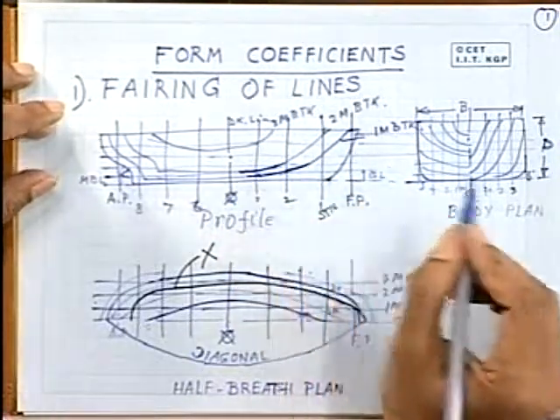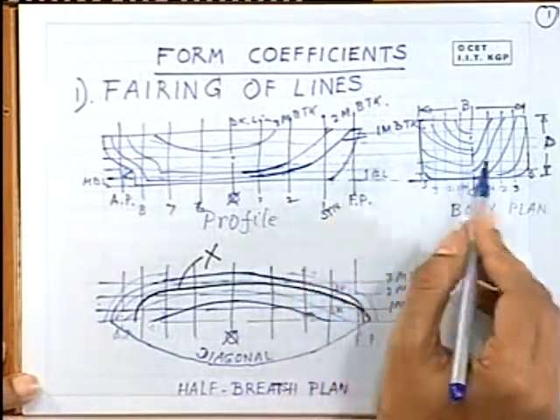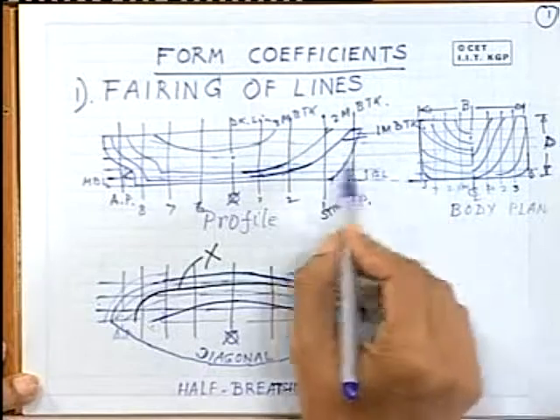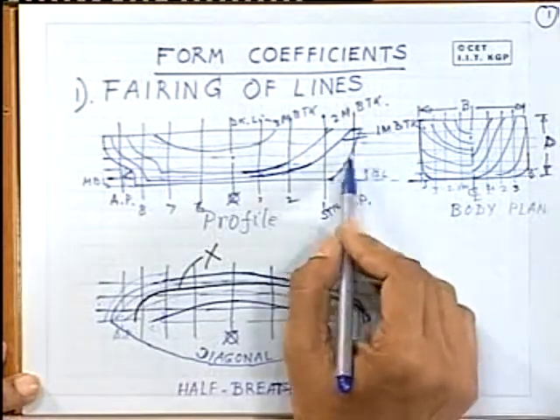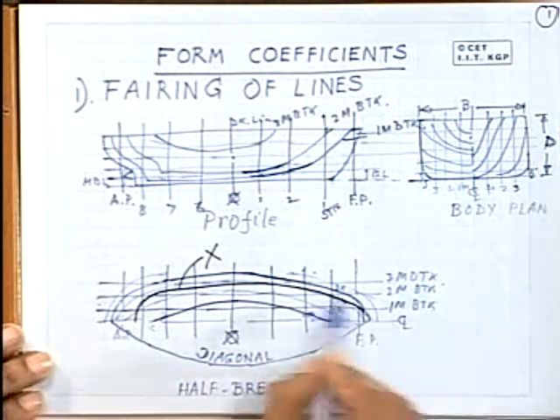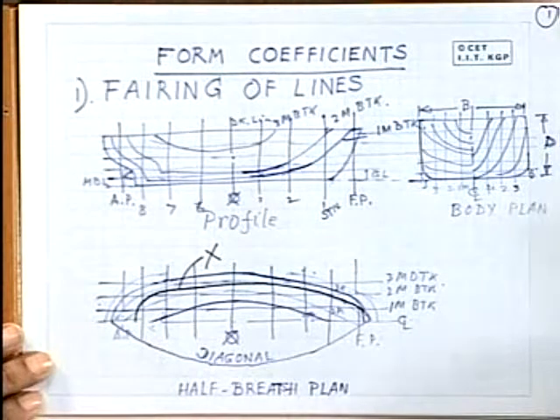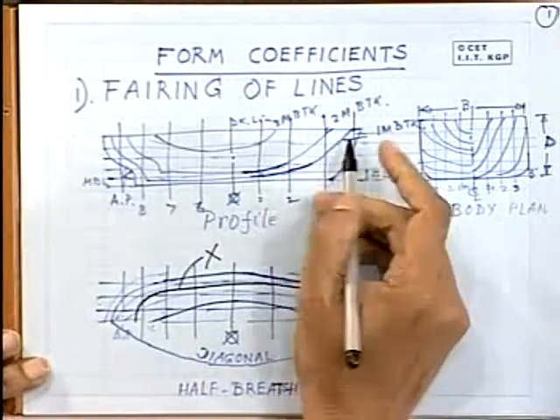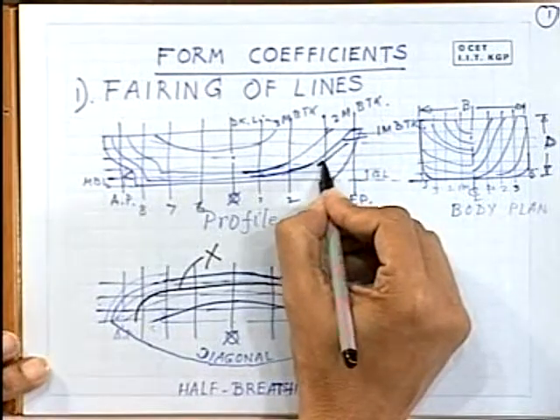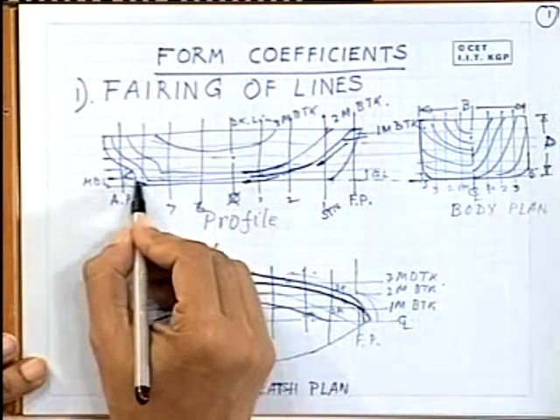That means there should not be any abrupt change in the curvature. And from the naval architectural point of view, one has to remember that the shape actually directs the flow of water to the stern. So here the flow of water will be following the buttocks like this, and then it will come to the stern.